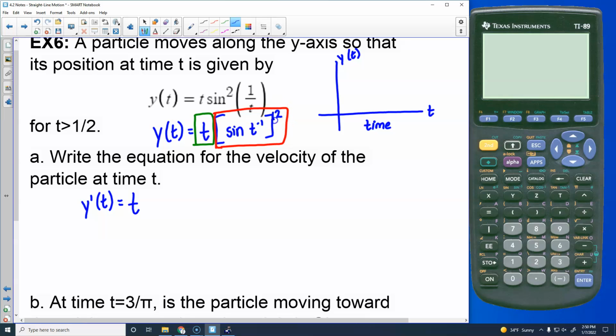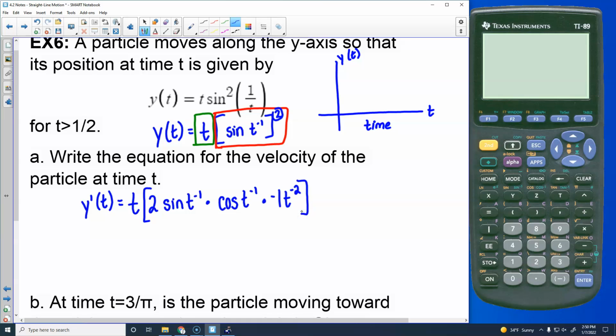So we start with this 2 that's on the outside. 2 times sine of t to the negative 1 to the first power, which we don't have to write, times the derivative of the inside part of that, which is the derivative of sine, so that's cosine of t to the negative 1, times the derivative of t to the negative 1, which is negative 1 t to the negative 2.